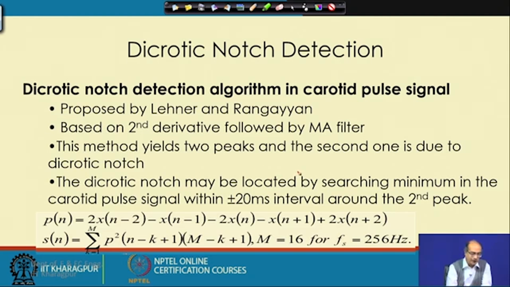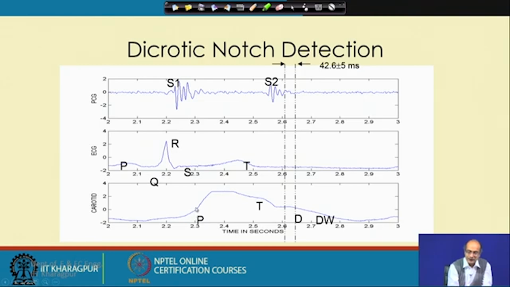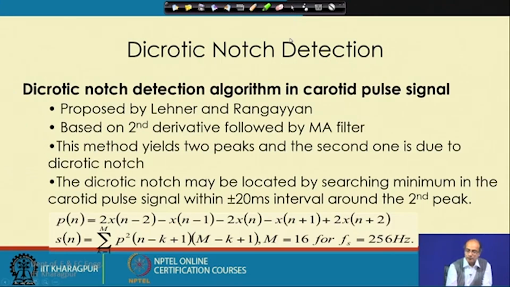One peak is where there is an increase in the signal amplitude, and again there is a peak here. That is why they talk about looking for the second peak. Out of the two peaks, the second one corresponds to the dicrotic notch.